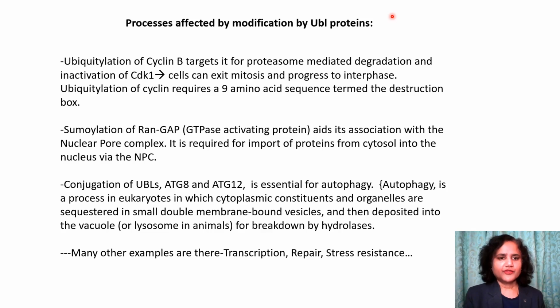Another example of ubiquitin-like proteins is ATG8 and ATG12, and these are essential for autophagy. Autophagy is a process in eukaryotes where the cytoplasmic constituents get sequestered into small vesicles, and they are then deposited into the vacuole, or sometimes the lysosome, for breakdown by hydrolases.